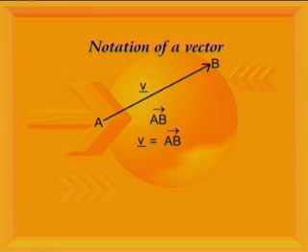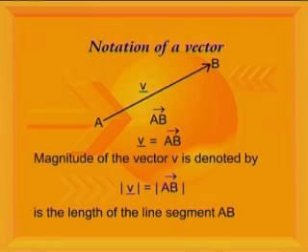This is also a notation of the vector AB. What is the magnitude? You know that these parallel lines in which this V is included, of course we say it modulus of V or the length of V. So this is the notation for the magnitude of the vector.